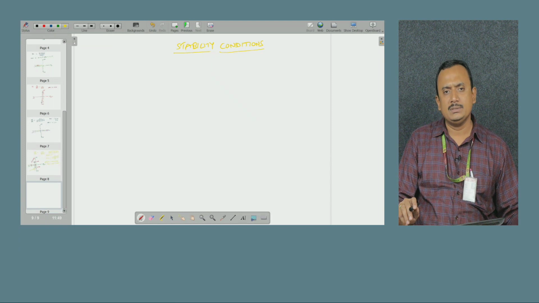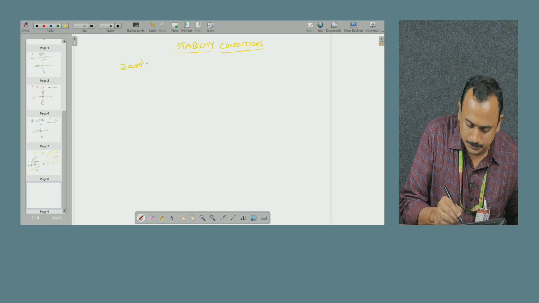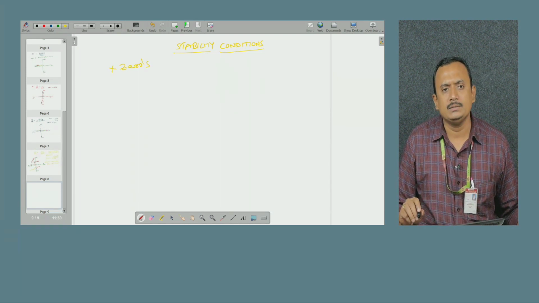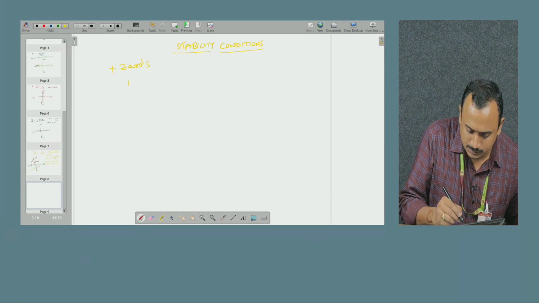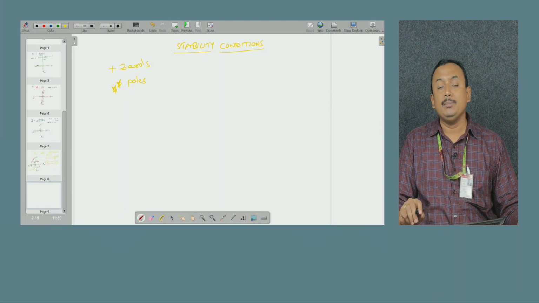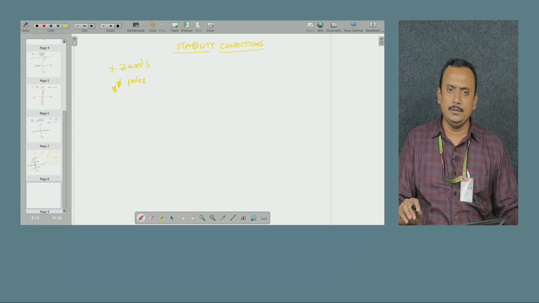Now when you discuss stability, zeros never affect the system stability, so we don't have any problem with zeros. Now the only problem is with poles. Depending upon the type of poles, the stability conditions may vary. Now we will see one by one.